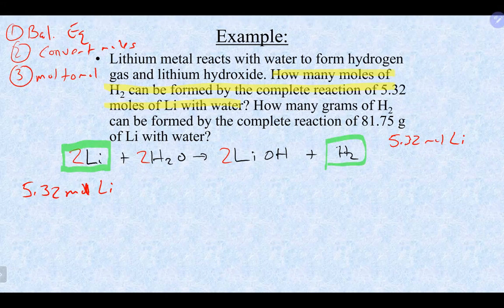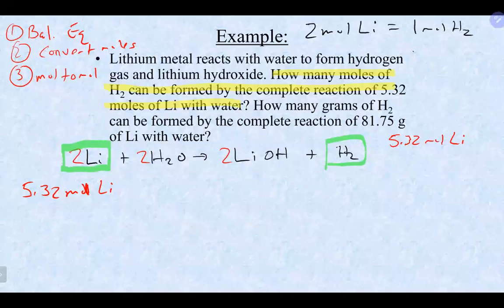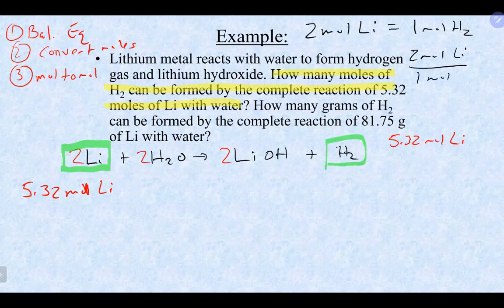That tells us for every 2 moles of lithium we put in, we get 1 mole of H2 out. That gives us 2 conversion factors, which you don't necessarily have to write here, but we'll remind you: we could have lithium on top and hydrogen on the bottom, or hydrogen on top and lithium on the bottom.